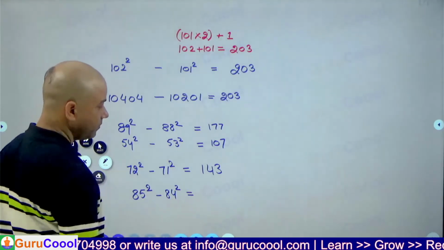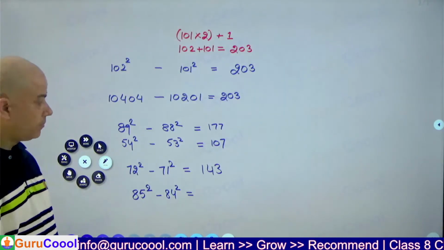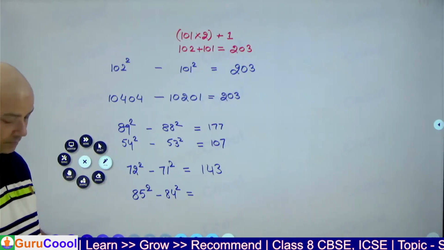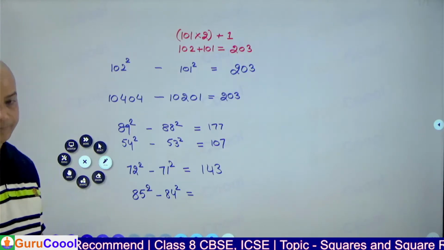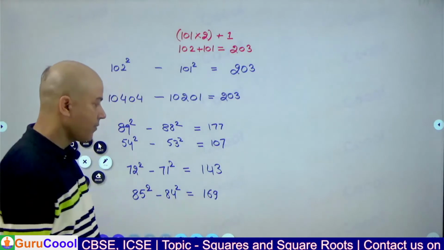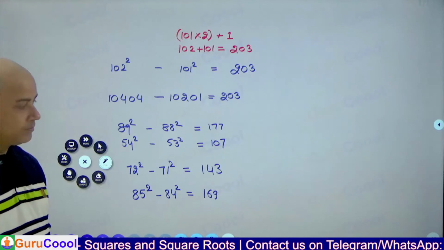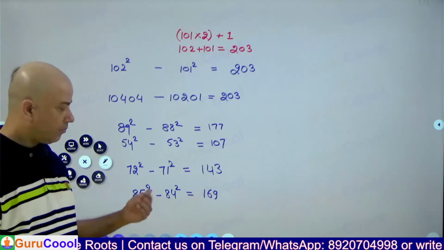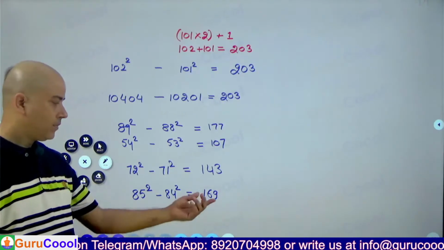Tell me. You will be calculating it. 169. Anurag, what's your answer? Sir, 169. So you have to take the smaller one, make it 2 times, add 1. You get done.